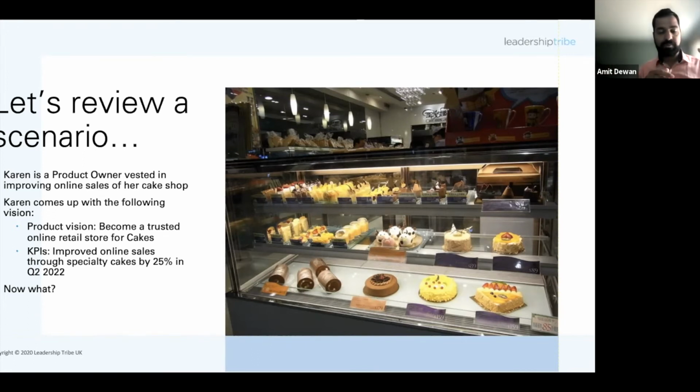As I'm speaking of a burn down chart, as you go down the track, you'd expect that there is an ideal line, and every sprint or every week the team is able to burn down a certain number of stories, and that gives us predictability to see if we are tracking and trending towards the goal by the end of the quarter or not. And if the answer is no, maybe our burn down line is moving far away from the ideal line, that's when you start having those conversations.